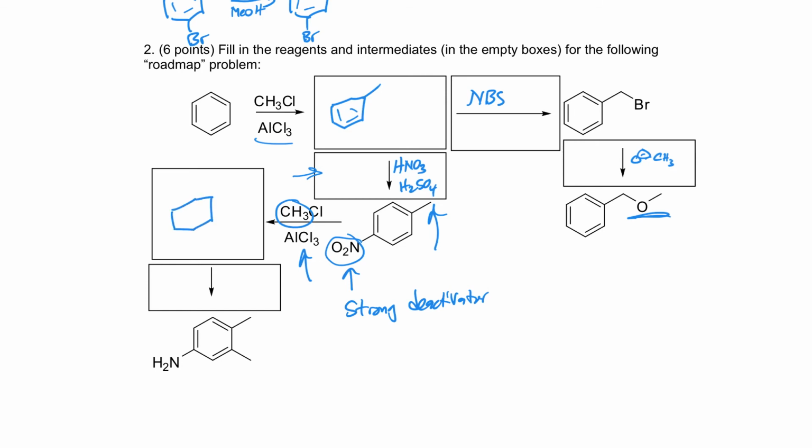So if we add another methyl group, we should add ortho-para to our activating group, which would be right here, or on the other side, same thing. And in that case, I think I'm going to modify my product here. And the last step then is to, no, I'm sorry, I'm not thinking about this correctly.